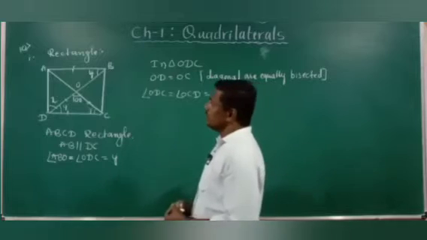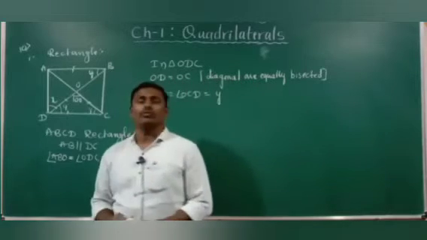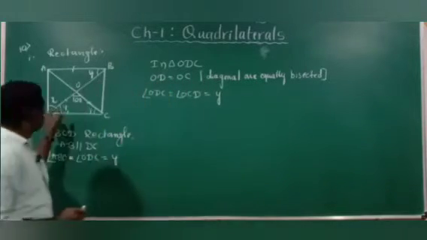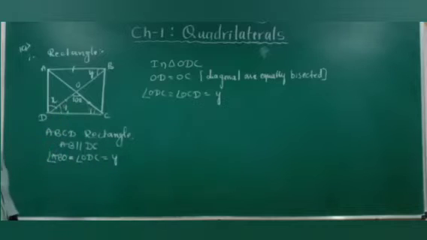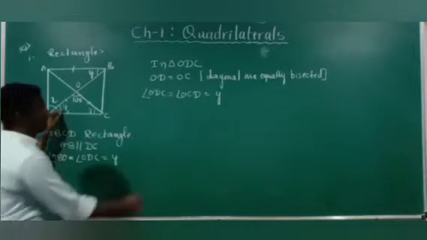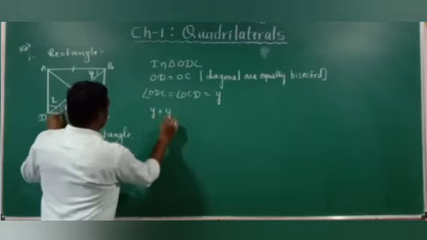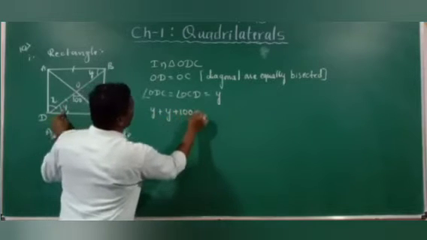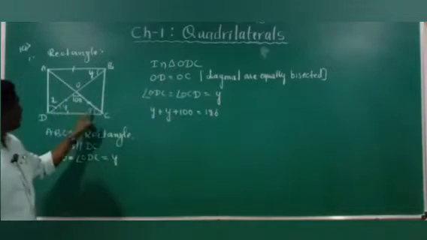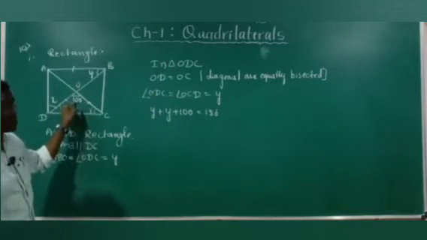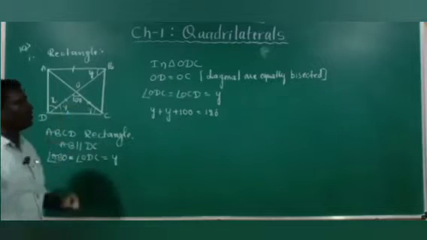Okay. Now how can you find the Y value? By using the angle sum property of the triangle, we can easily calculate the Y value. Listen here. In triangle ODC, the sum of these two angles Y and Y plus one more angle already given, 100 degree, is equal to 180 degree.